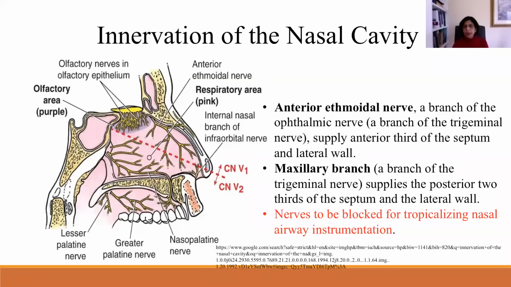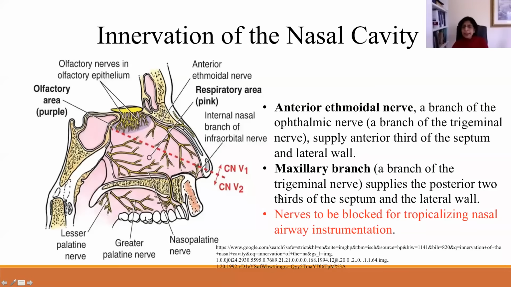Okay, so the two branches, the ophthalmic branch and the maxillary branch, give rise to supplies of the nasal parts. The ophthalmic nerve, a branch of the trigeminal nerve, supplies the anterior third of the septum and the lateral wall. All of this is important to you because you deal with intubation and there could be damage to that nerve, and that's why we need to bring it up here.